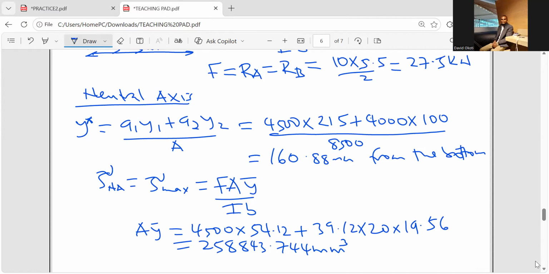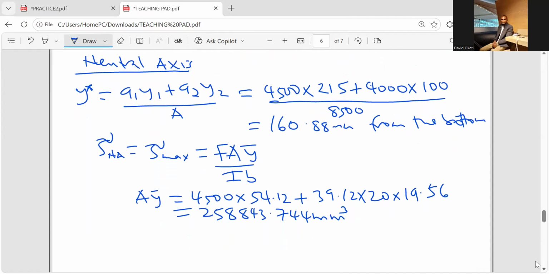Then I will go to moment of inertia. Moment of inertia is the I for the entire section. We can say Ixx is equivalent to Ixx1 plus Ixx2. Here I'll compute moment of inertia for the flange plus moment of inertia for the web.